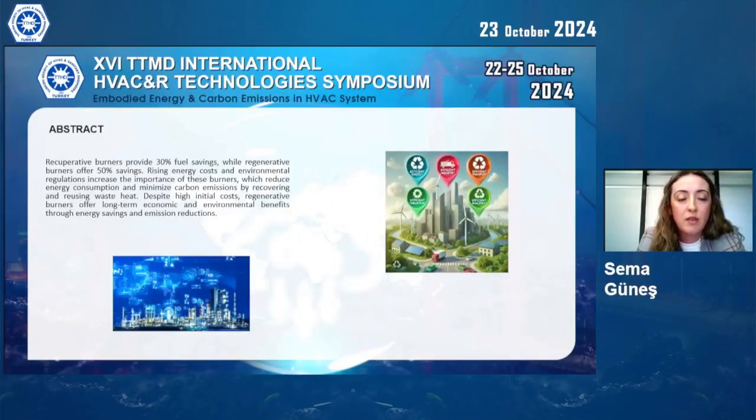In our study, we especially looked at three types of burners. Conventional process burners, which although low cost and simple, result in higher levels of emissions. Recuperative burners, which can achieve up to 30% energy saving by using heat exchangers to transfer heat directly to the combustion air.